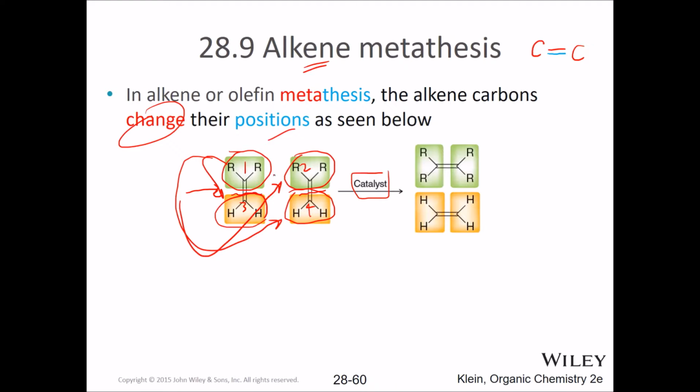And so 1 double bonded to 3 plus 2 double bonded to 4 could produce 1 double bonded to 3, or 1 double bonded to 2, or 1 double bonded to 4. But then, since that's in the mix, maybe these 2 guys will switch partners, and 1 could end up double bonding with 1. You see that? There's all kinds of possibilities.